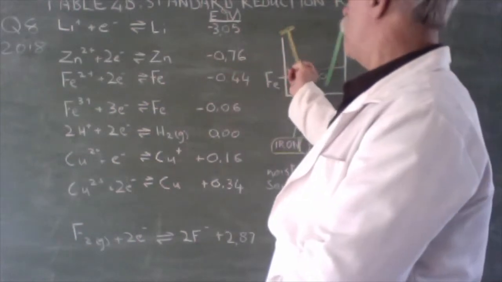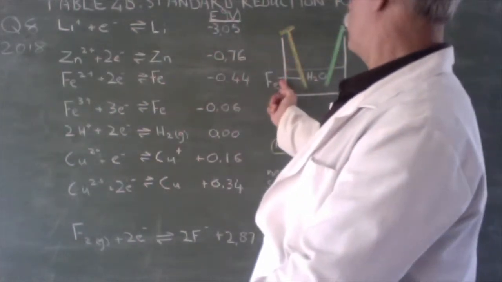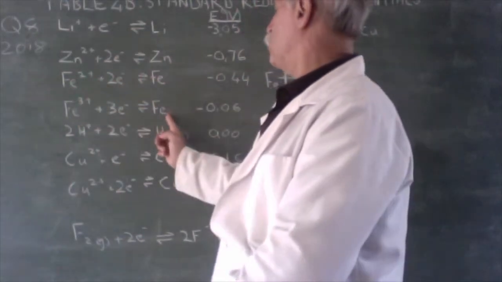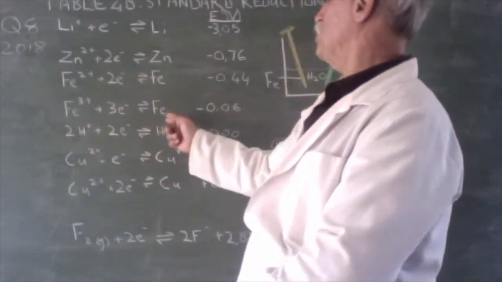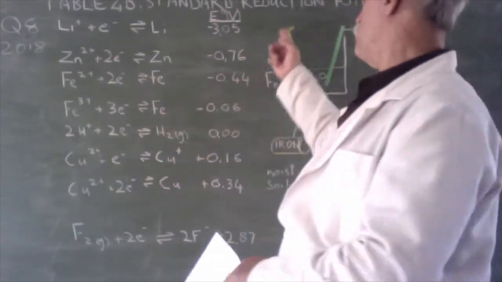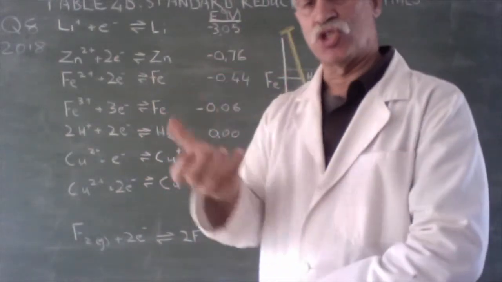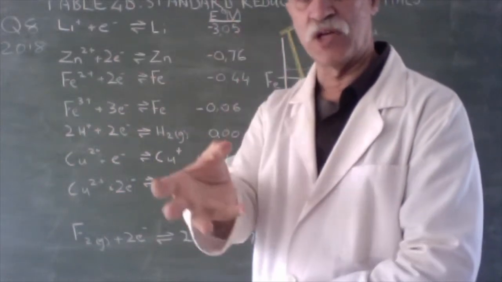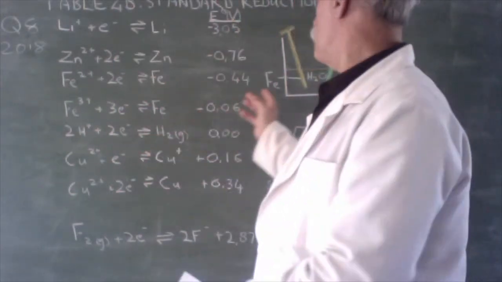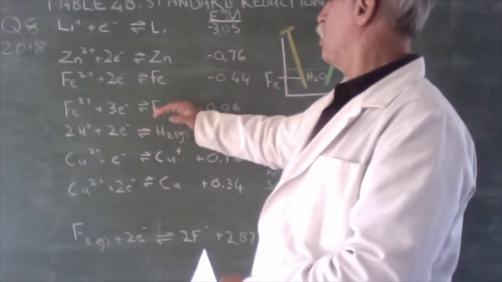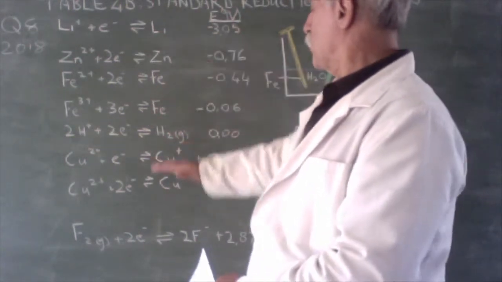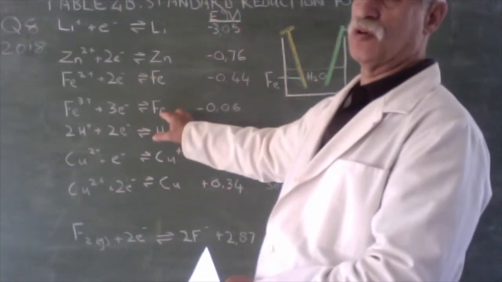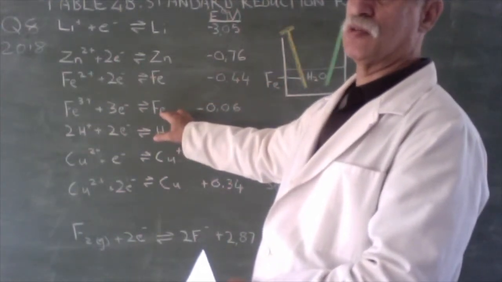Now, if you know that when things go from Fe to Fe2 plus or Fe to Fe3 plus, that means the iron is going from metal to either dissolving or oxidizing or forming rust or forming salt. So it's not looking like a metal anymore.